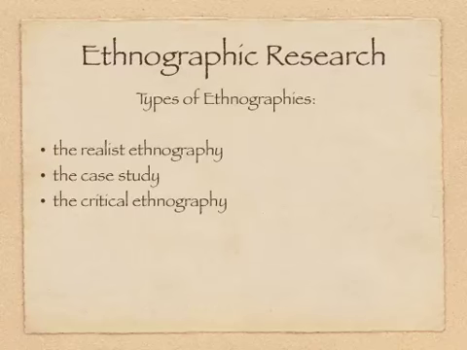There are different types of ethnographic research. The first you see is the realist ethnography, which I'll go into a little bit more detail in the next couple slides. The case study, it's a form of ethnography that differs a little.